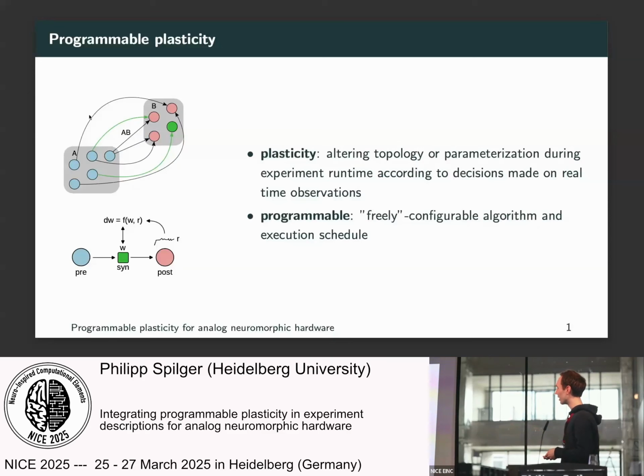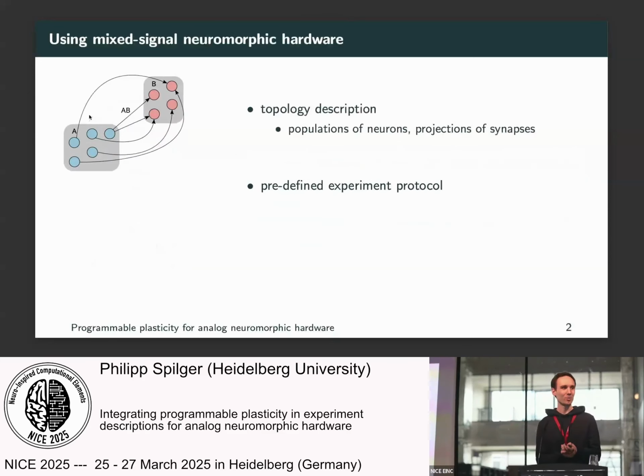When we use mixed-signal analog neuromorphic hardware, there are multiple steps involved which get us from our abstract experiment description down to the hardware. Ideally, we want to describe the topology of the neural network, consisting of populations of neurons and projections of synapses, and also write down the experiment protocol, meaning we add the input and say when what should change, if we know that beforehand.